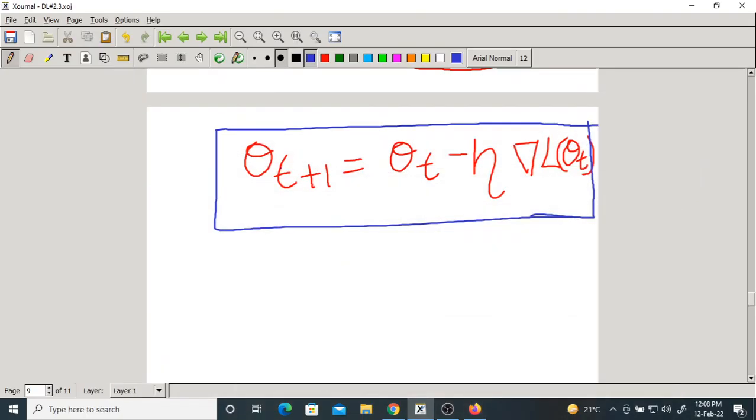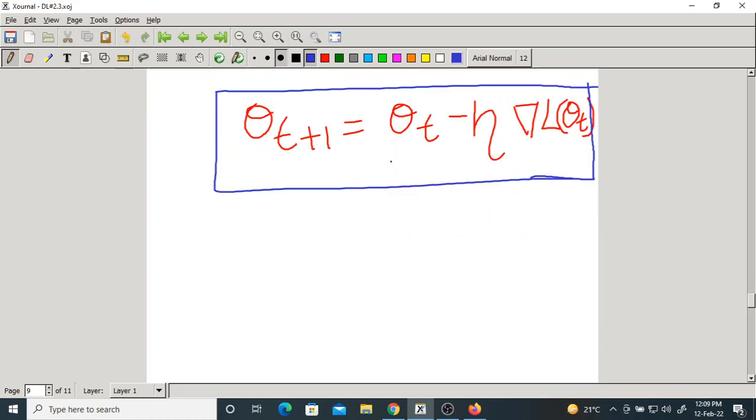Suppose t is the iteration number, first, second, and so on. Suppose we are at iteration number t. So in the next iteration, where should we be? We should move in the opposite direction of the gradient, away from the gradient. Why minus? Away from the gradient.